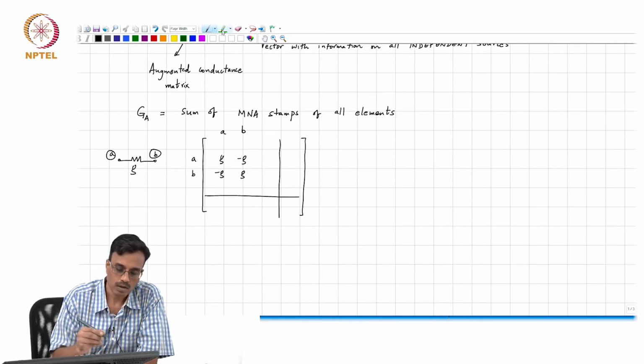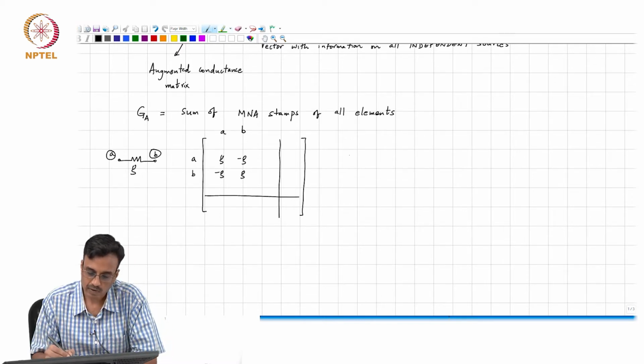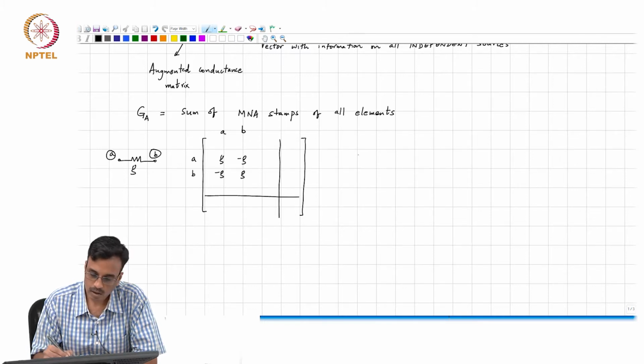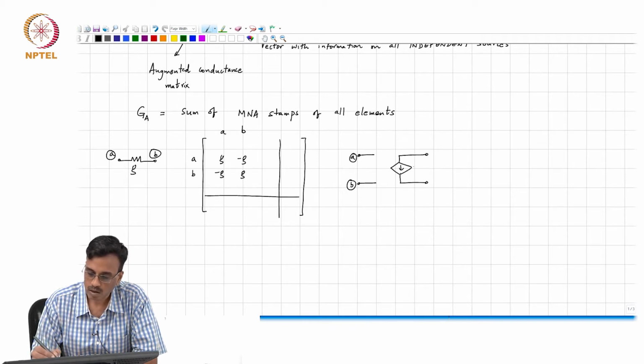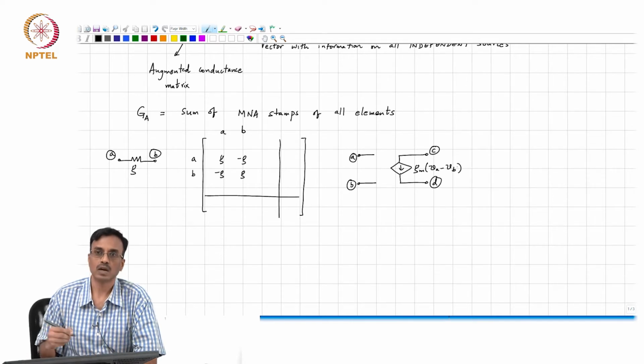Then we saw what a voltage controlled current source would behave like. Let us call this Gm times Va minus Vb.